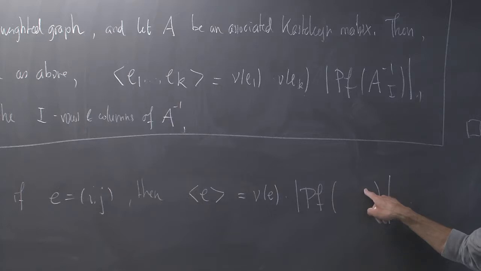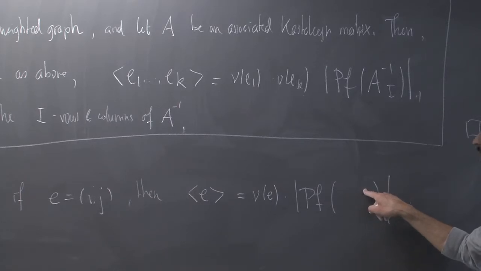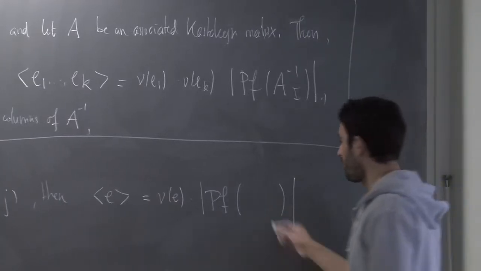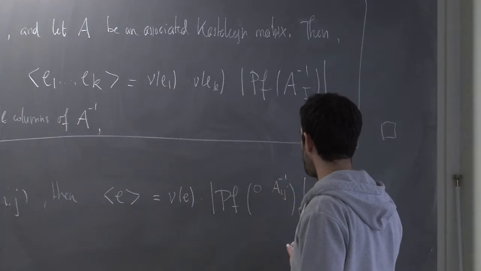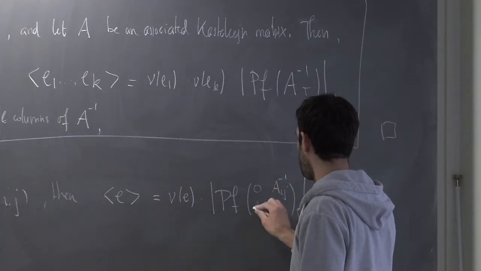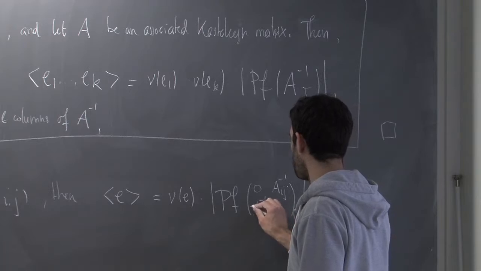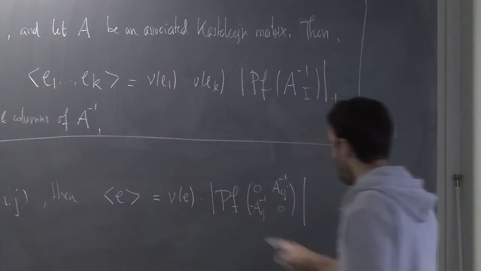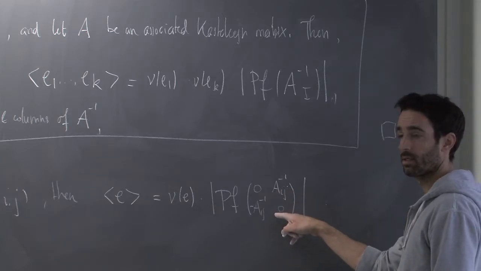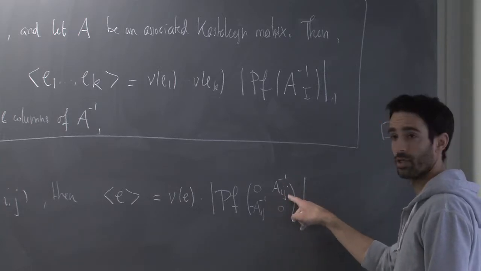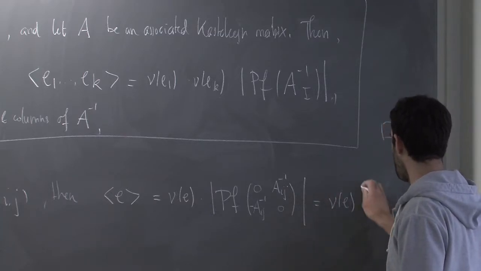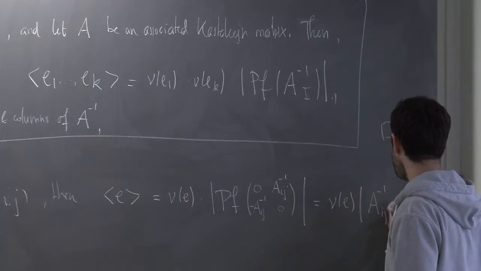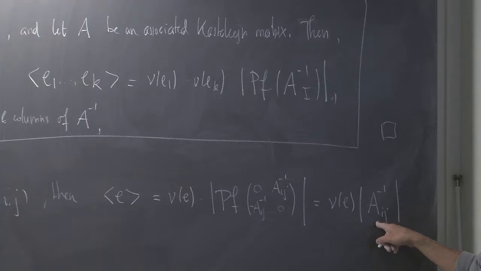Now we're going to have a 2x2 matrix, right? Only with lines and columns i and j. And so this will be 0, A inverse ij, A inverse ji, which is minus A inverse ij, 0. The Pfaffian of a 2x2 matrix is, well, it's this coefficient. So we simply get nu of e times the absolute value of the ij coefficient in the inverse Kasteleyn matrix.